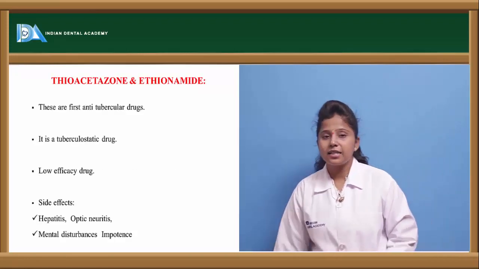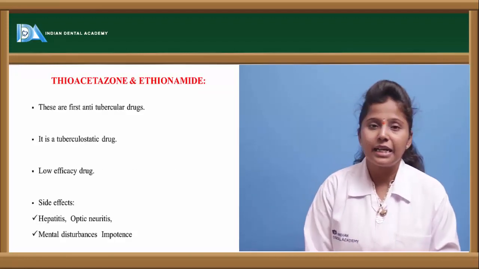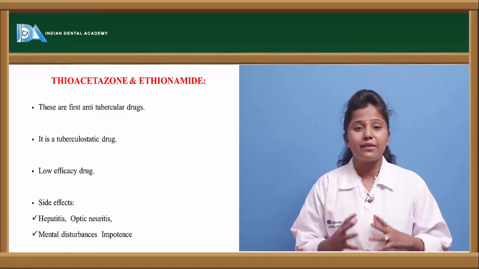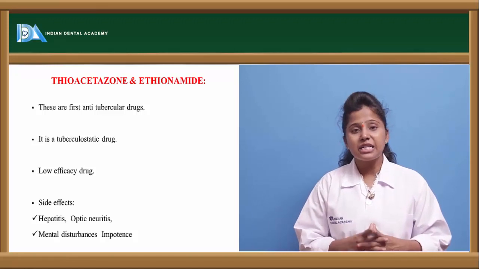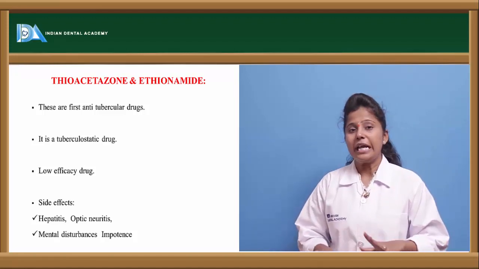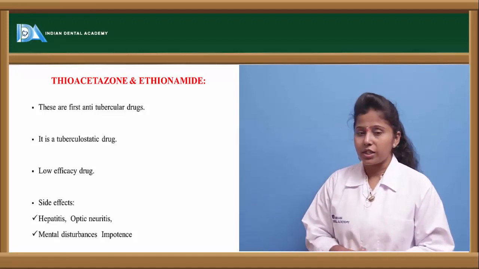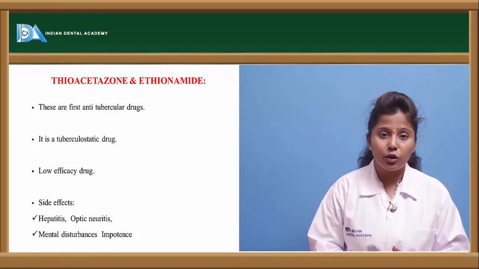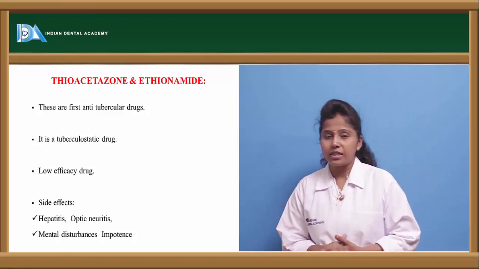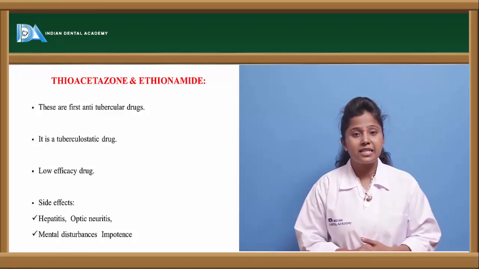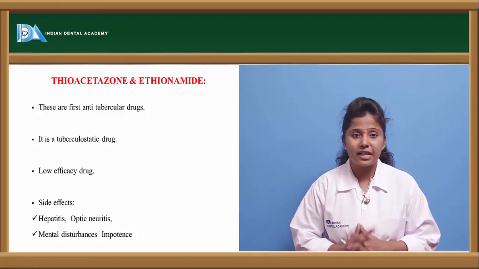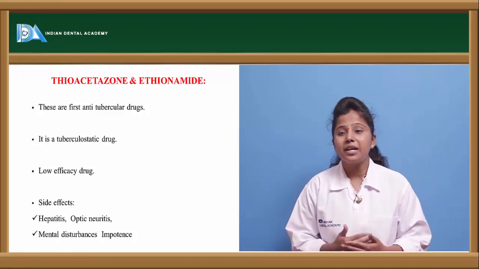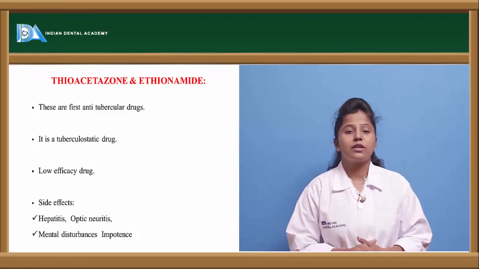Let us see the other drugs, thioacetazone and ethionamide. These two drugs have the same pharmacology, in the sense they have the same pharmacological actions and the same mechanism of action. They aid in the inhibition of cell wall synthesis. These two drugs are used as first line drugs against the bacteria, but the efficacy of the drugs is low.